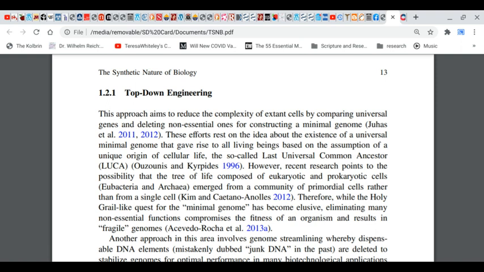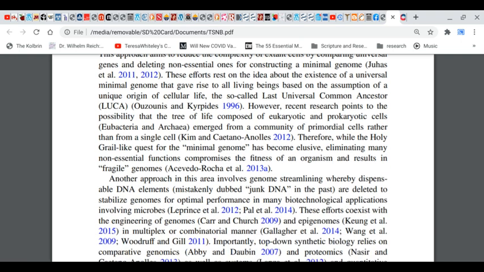Therefore, while the Holy Grail-like quest for the minimal genome has become elusive, eliminating many non-essential functions compromises the fitness of an organism and results in fragile genomes. Another approach in this area involves genome streamlining, whereby dispensable DNA elements, mistakenly dubbed junk DNA in the past, are deleted to stabilize genomes for optimal performance in many biotechnological applications involving microbes.